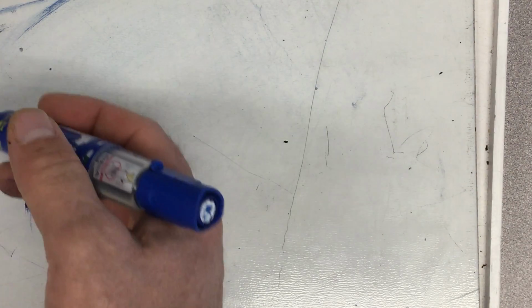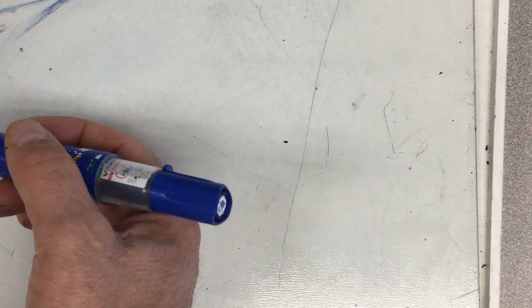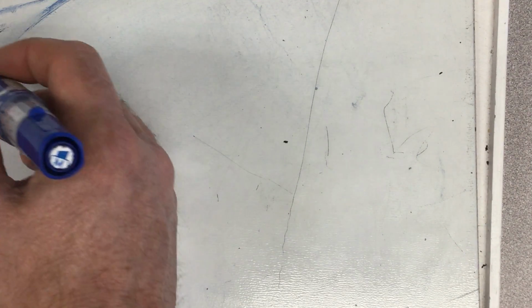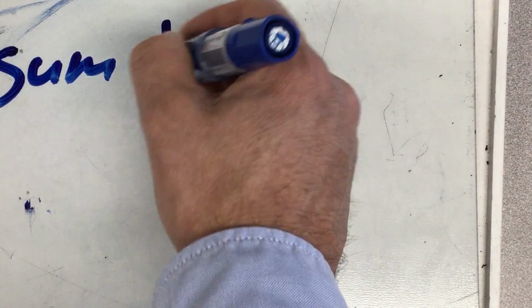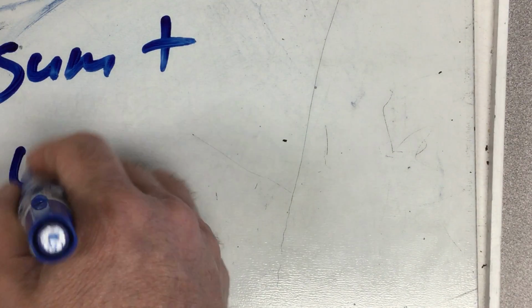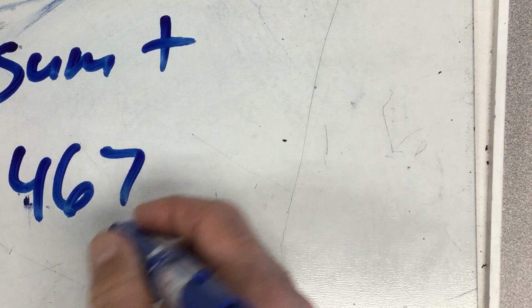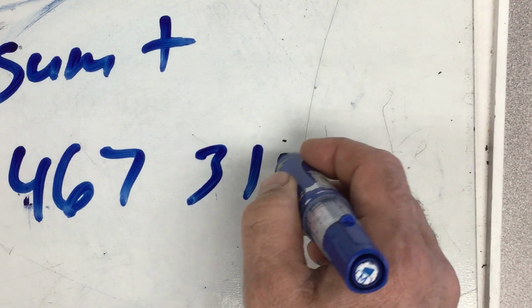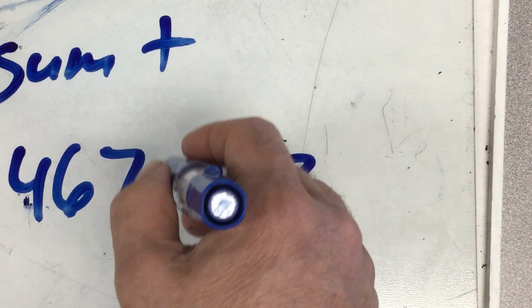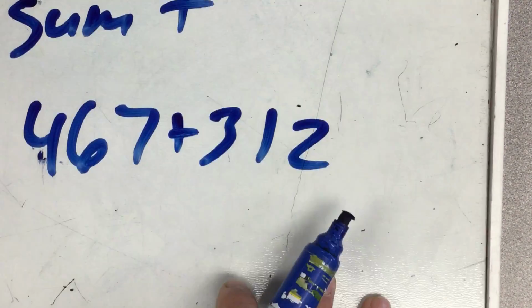If we're estimating, that's where you're using rounding to calculate something. Example 3 says, estimate the sum, that'd be adding, of 467 and 312. So we know it's sum, so we know we're adding.